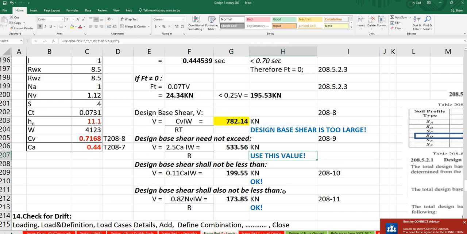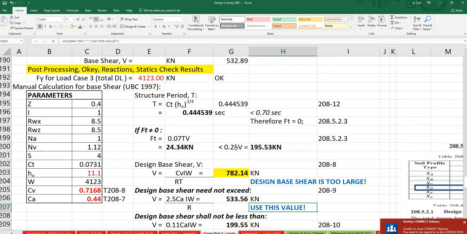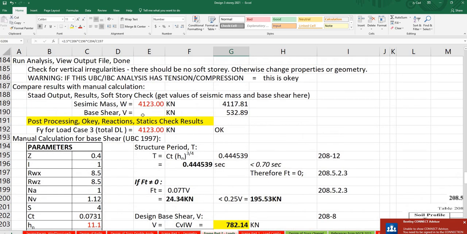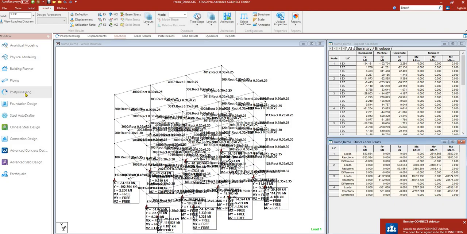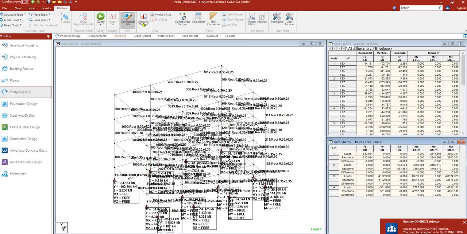533.56. Okay? Ngayon, check din natin kung eto nga ba yung pinili ni STAAD. So, balik tayo dito kay STAAD sa post-processing. Dito sa utilities, sa analysis output.